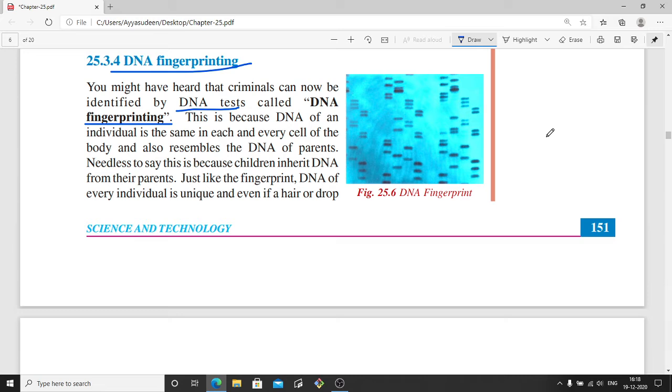In modern policing, they have this modern method called DNA fingerprinting. Each individual has unique DNA. You have to remember that.